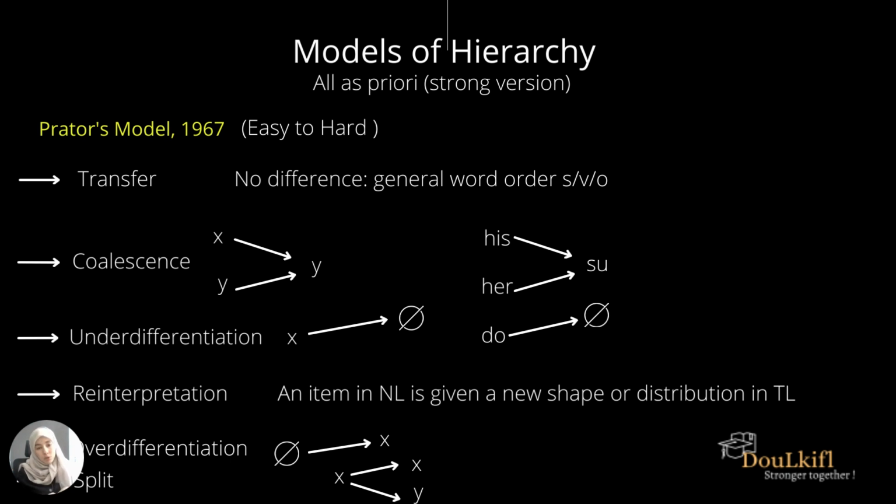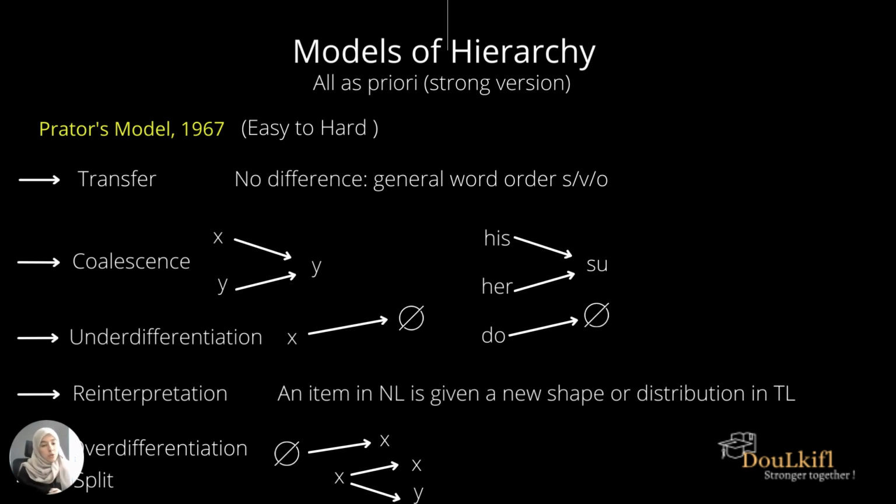Reinterpretation, when there is an item in your native language that is given a new distribution, a new shape in the target language. Like for instance, in Persian they have clear l at the phonological level. But in English, we have dark and clear l, so this is a difference. This is, let's say, a new shape, a new distribution for that particular item.